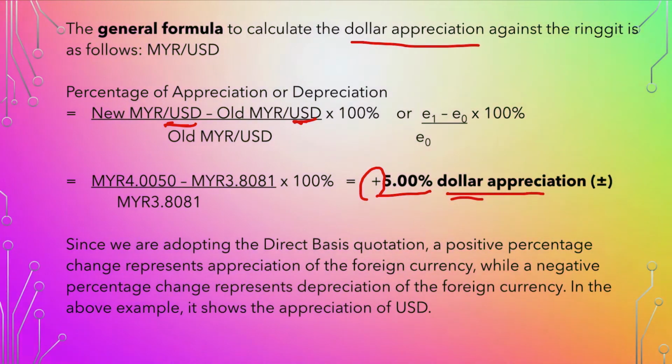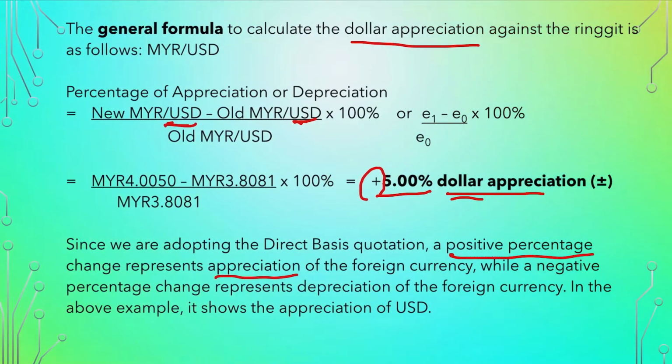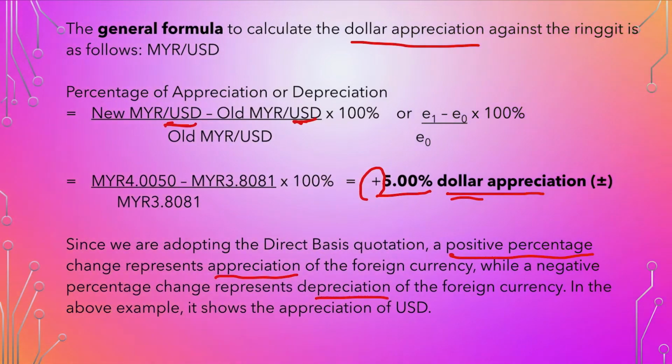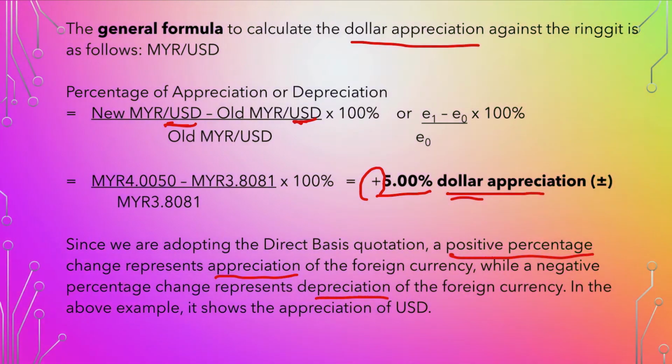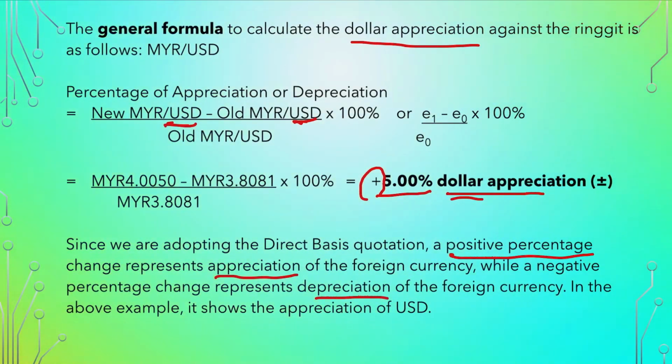Since we're adopting the direct basis quotation, a positive percentage change represents appreciation of the foreign currency, while a negative percentage change represents depreciation of the foreign currency. In the above example, it shows the appreciation of the US dollar. Let's say the answer becomes negative 5%, for example, meaning dollar depreciation.